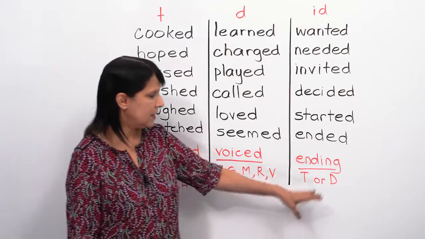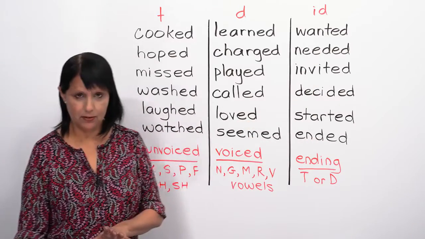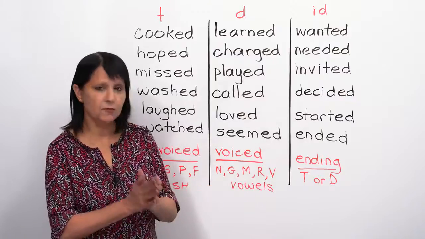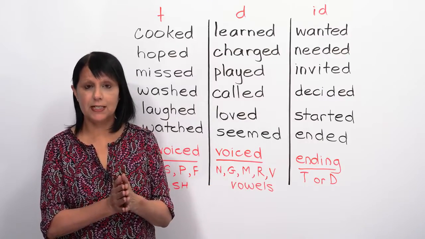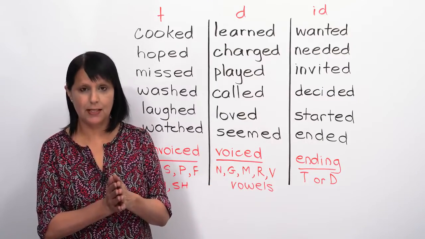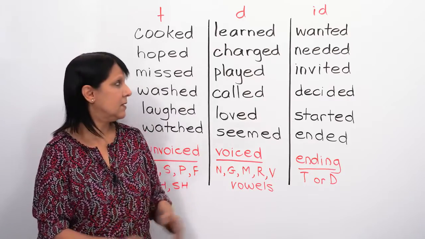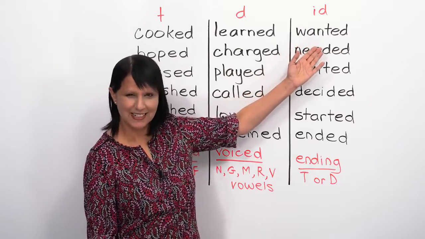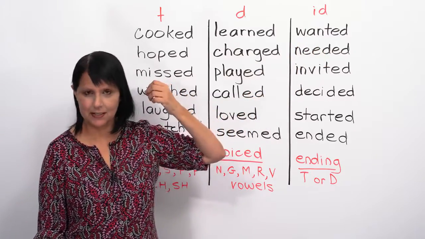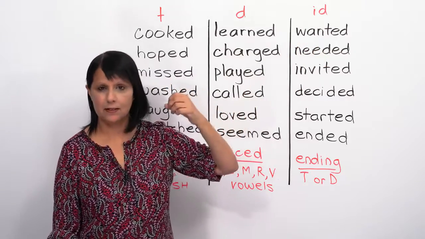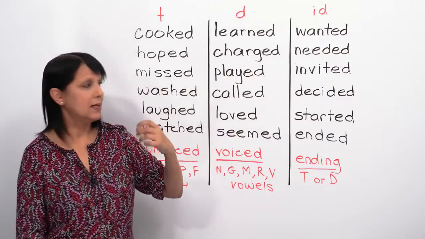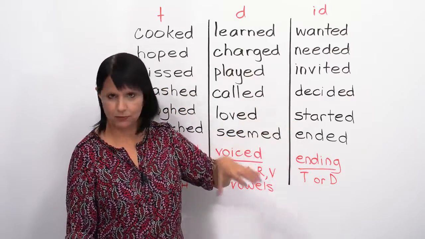Now, one category that's easier is when the base form of the verb ends with a T or a D sound. That means a T or D sound. For example, want, right? We had the T sound, or need, we had the D sound. In those cases, it's really easy.